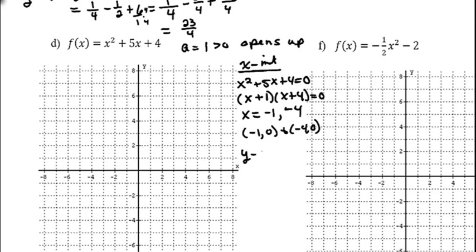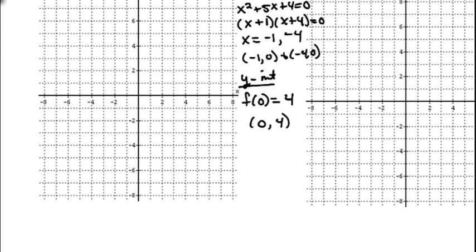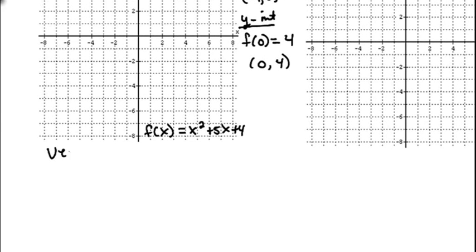And our y-intercept, that happens when we plug 0 into our function, and again, both of these terms become 0, so we're just going to be left with 4. So that gives me the y-intercept 0, 4. So now I'm going to scroll down, I'll write our function back down, so that was f of x equals x squared plus 5x plus 4, and we need to calculate our vertex.